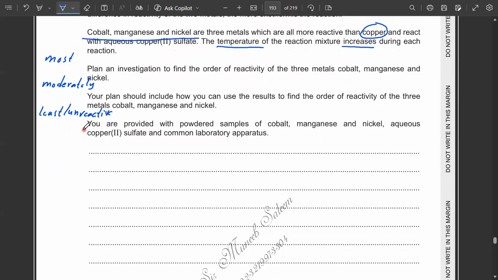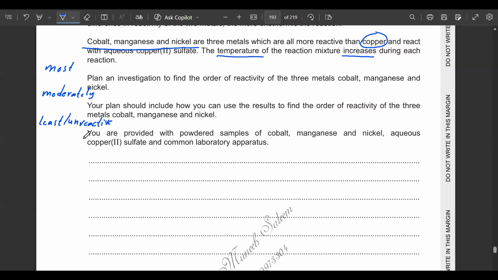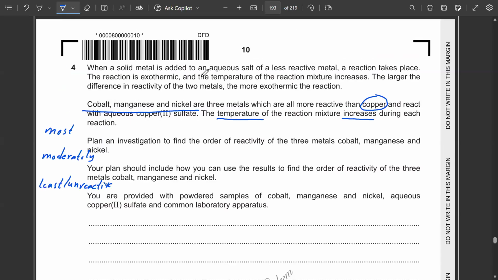So first of all, you will use a solution of copper sulfate here because it is a very abundantly available compound which you can use.